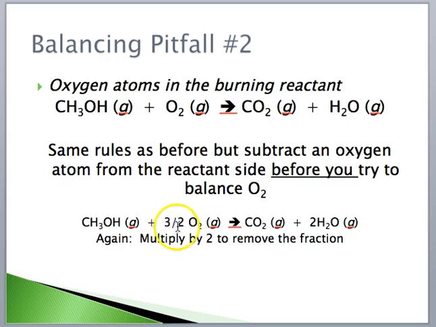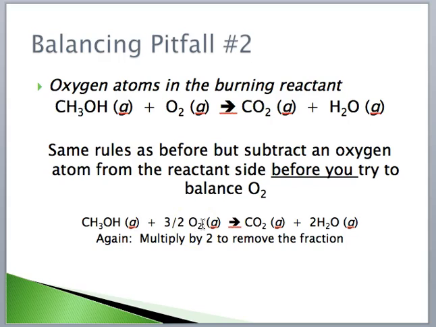But I cannot leave that odd number then. Check it out. I've got 4 oxygens on the product side total and only 3 on the reactant side of this equation. So I make a fraction. I do not want to touch the oxygen in the methanol. That's CH3OH. So what I do is I make a fraction, 3 over 2, for my water molecules.